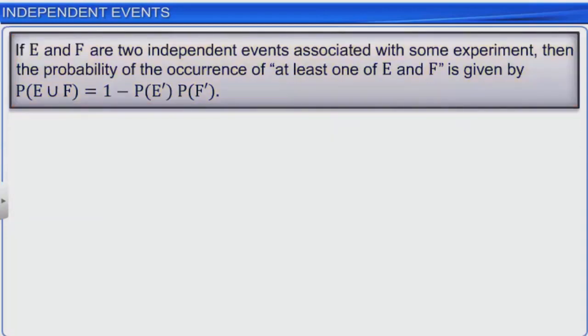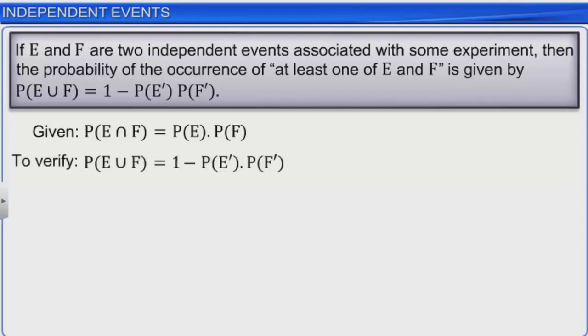It is given that E and F are independent events, and therefore, the probability of E intersection F is equal to the probability of E into the probability of F. We have to show that the probability of E union F is equal to 1 minus the probability of E complement into the probability of F complement.